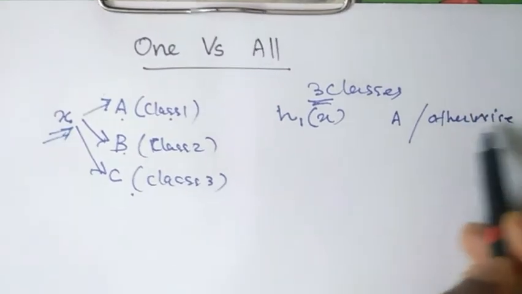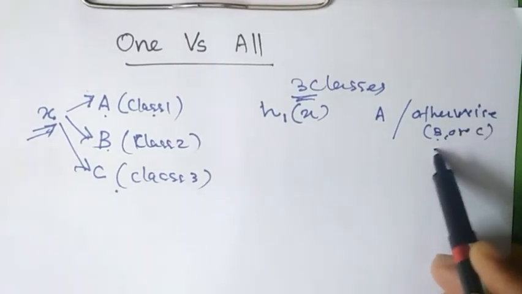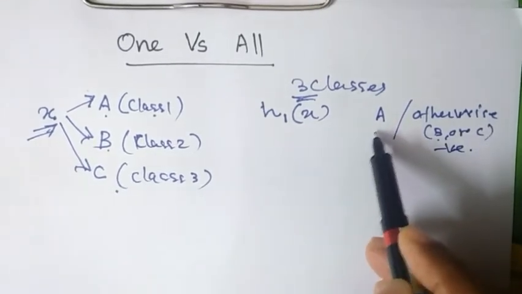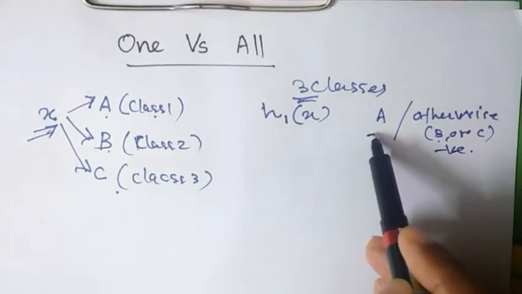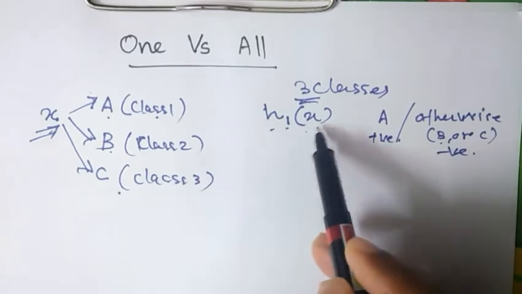Otherwise means maybe it belongs to B or C, and it will classify it as a negative sample. If it belongs to A, it will classify it as a positive sample. That is what the first hypothesis H1 of X will do.